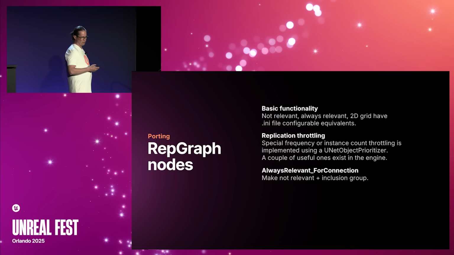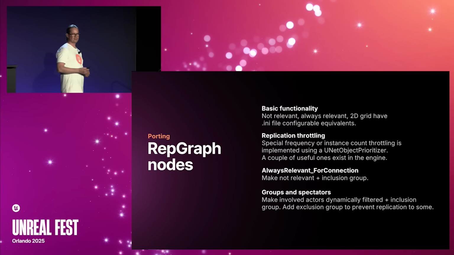For always relevant for connection, you can make something not relevant using the ini-file configurable configuration and add an inclusion group. For groups and spectators, there can be a combination of dynamic filtering, inclusion groups, and perhaps exclusion groups.